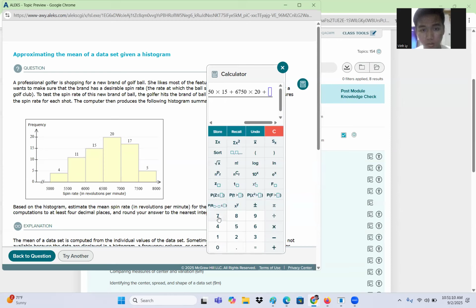Plus the same thing, we're going to take 7,250 times the number of data that we have, which will be 17. Plus, if I messed up one calculation, then the whole thing is wrong. But the good part of this calculator is that you can always go back and check. If you get it wrong, you can always undo your math. Then 7,750 times 5, over the total of frequency.